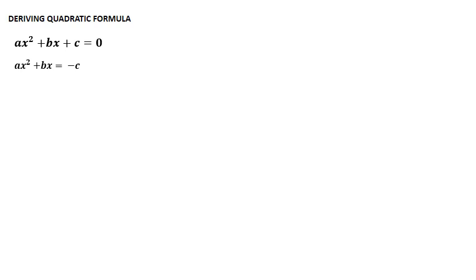We divide the first term by a and remain with x squared. The second term becomes b over a, and we also divide c by a. Therefore our expression becomes x squared plus b over a x is equal to minus c over a.